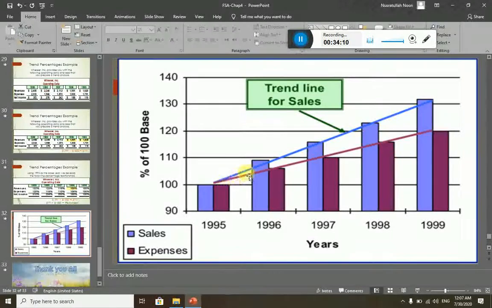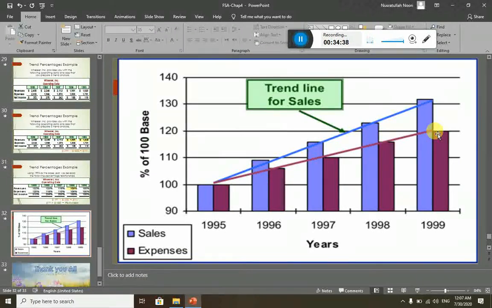Similarly, each year the sales are also increasing, and their trend is the same, right? So there is a strong relationship between the sales and expenses. As long as the sales increase at the same pace, our expenses also increase, right? So basically the trend analysis is used for graphical representation.